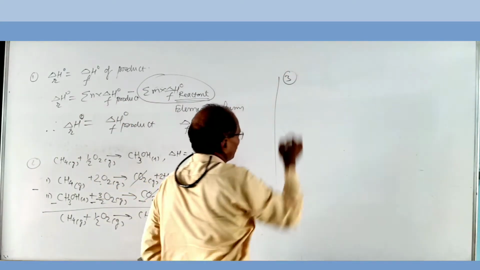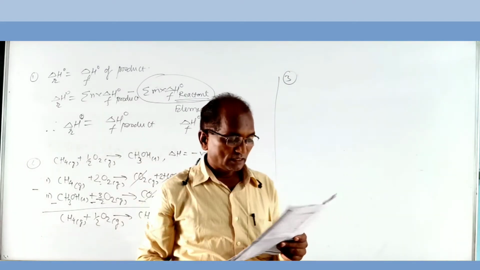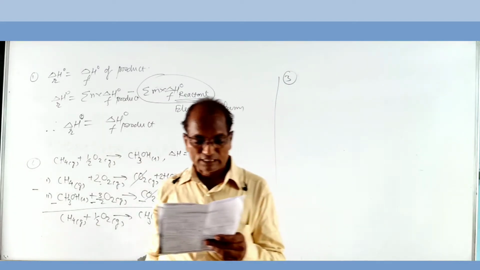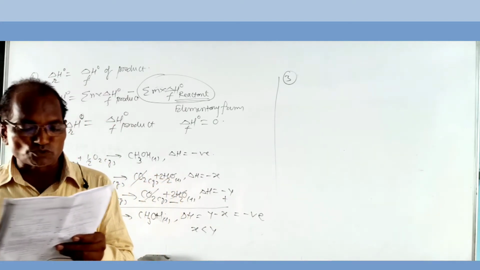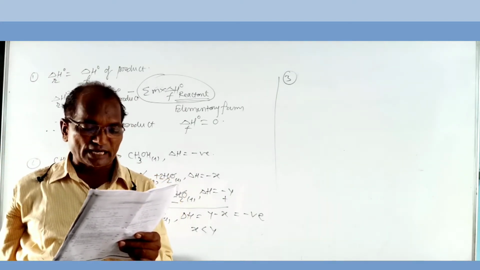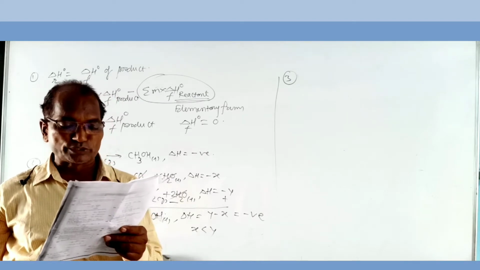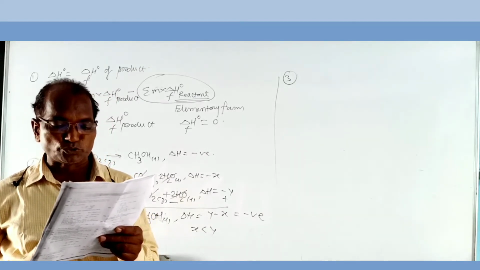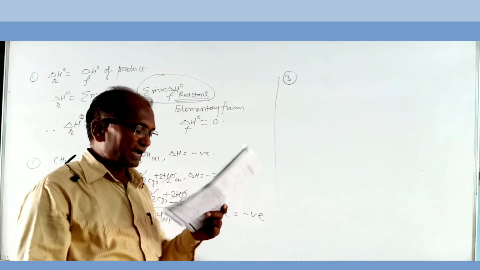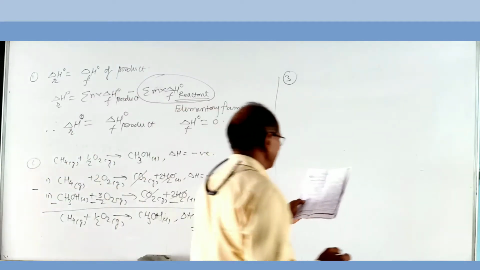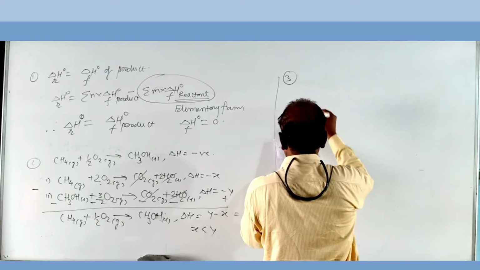Third MCQ is: for the reaction C3H8 gas plus 5O2 gas, which gives rise to thrice CO2 gas plus 4H2O liquid, at constant temperature, delta H minus delta U is for the reaction.